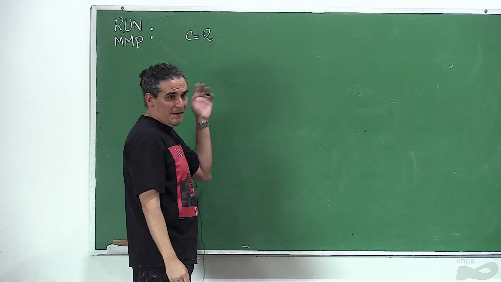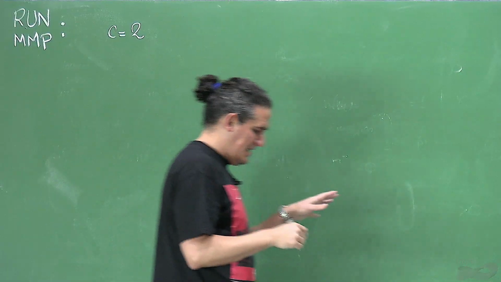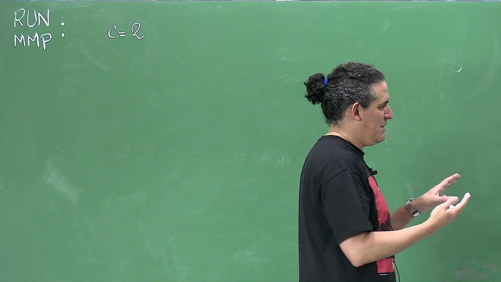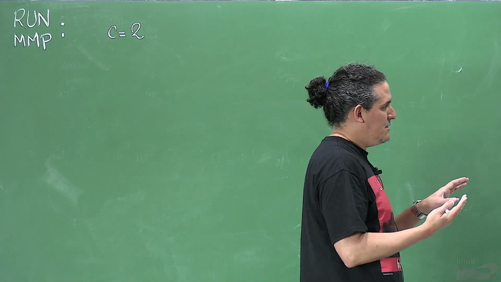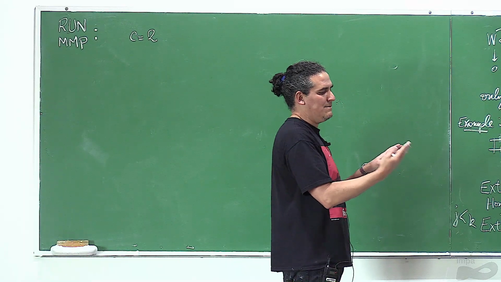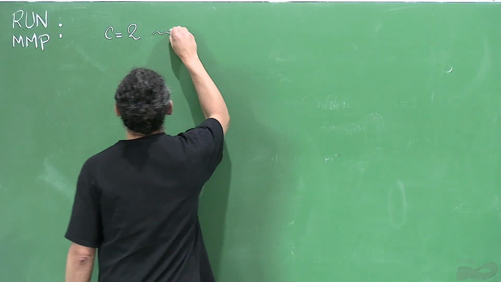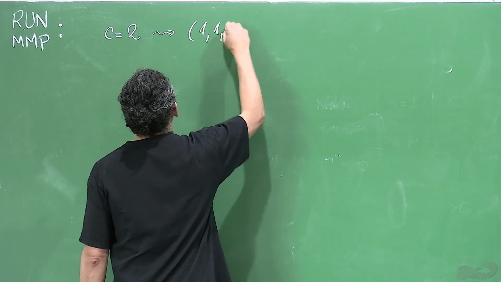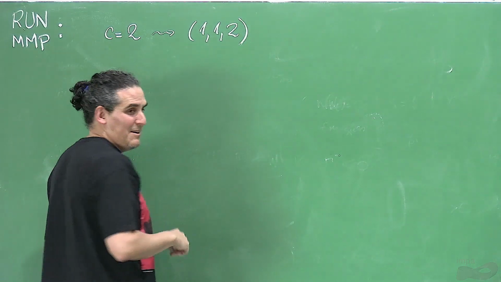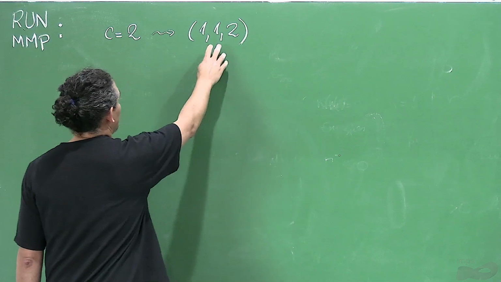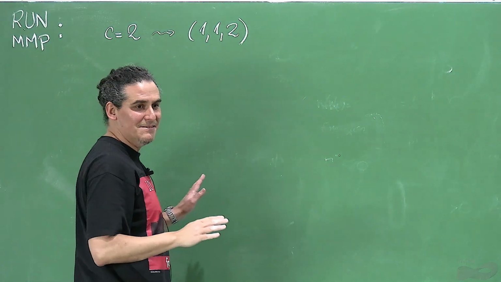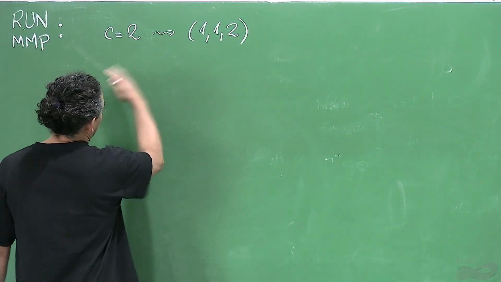Then for that number, you need to find the a and the b. Whenever you have a Markov number, there should be a triple where this Markov number is the biggest. And in this case, it would be (1,1,2). The Markov conjecture says that this triple should be unique. In this case, it's simple.